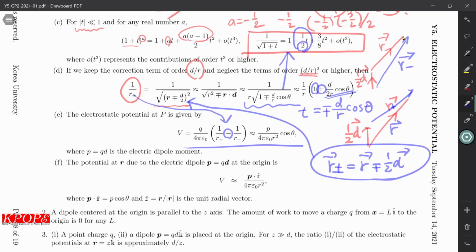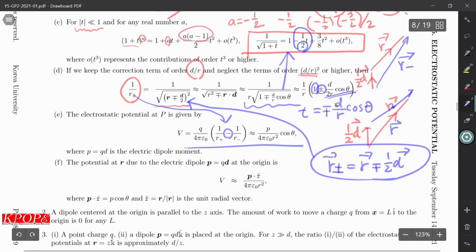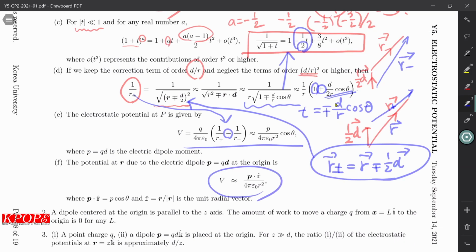So what we have is this one. The electrostatic potential of a dipole system with the leading approximation is like that.